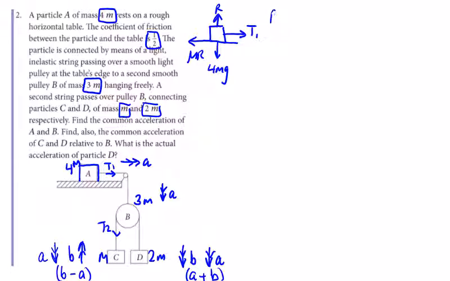So we can say R is equal to 4mg, so mu R is equal to a half of that, 2mg.